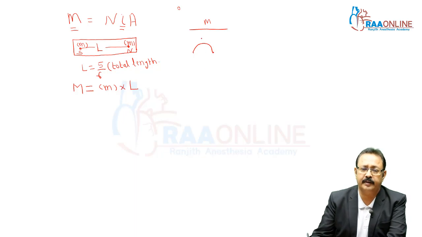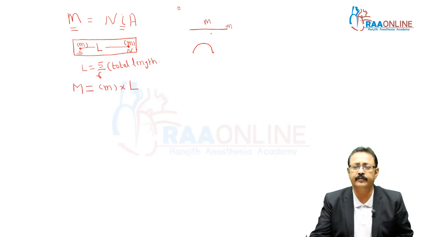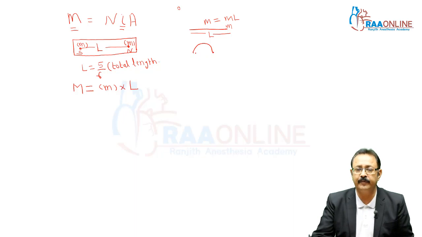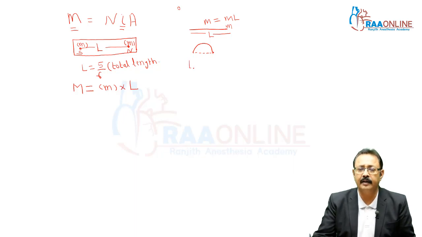Suppose the pole strength of this magnet was m and length was L. So initially the magnetic moment was m into L. But now the distance between poles is different. It is equal to the diameter. And what is L? Now it is half of the circumference, that is pi into r.